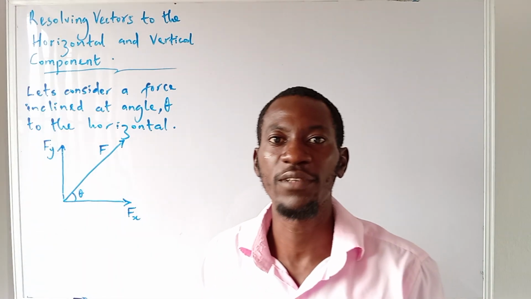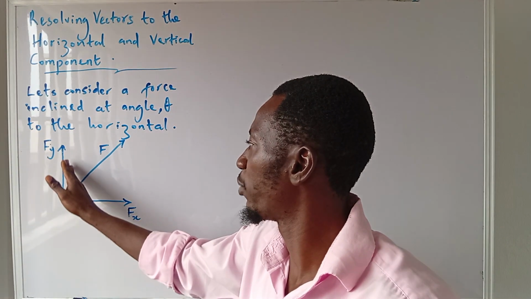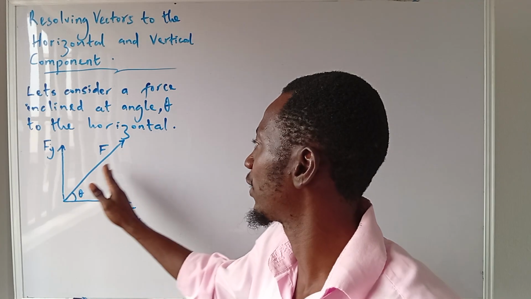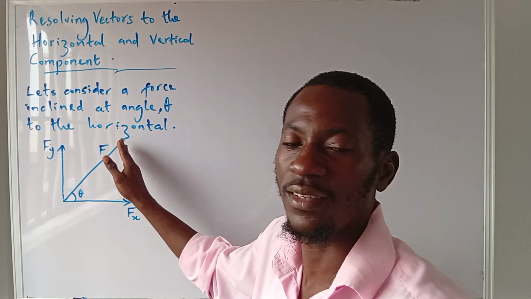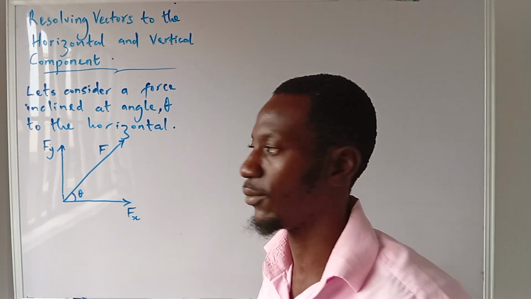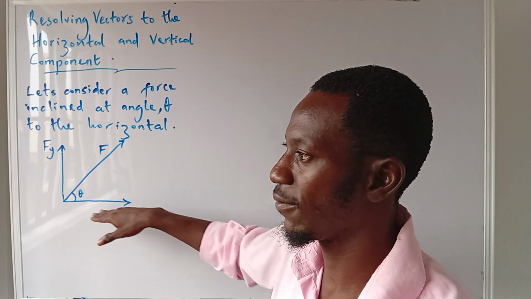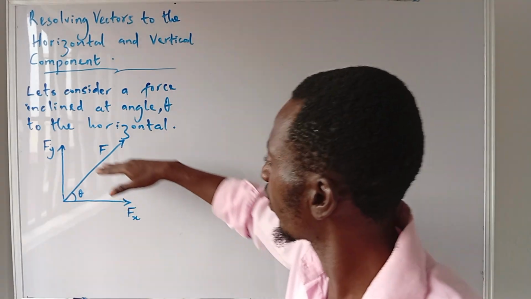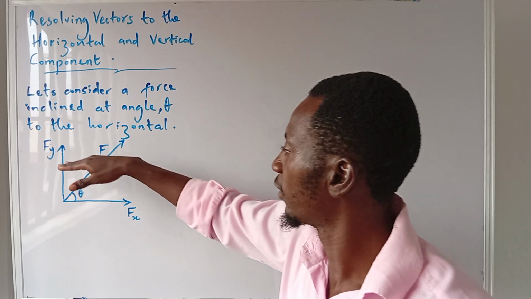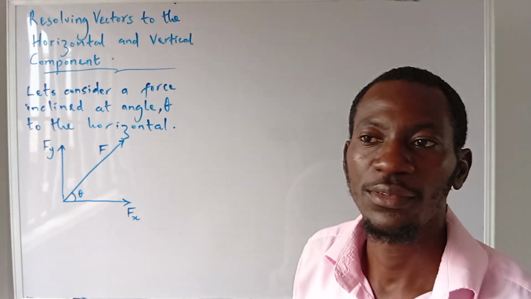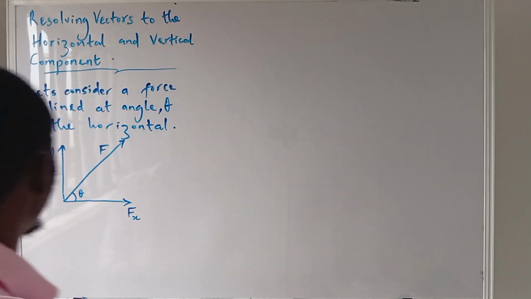When representing vectors, we can represent the vertical component here to have a right angle triangle. We can represent the horizontal component here in order to have a right angle triangle. So let me quickly show you what I mean.